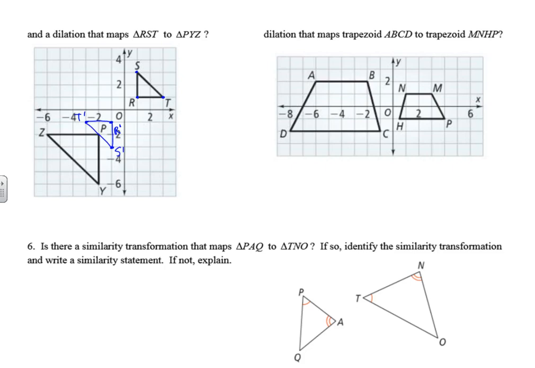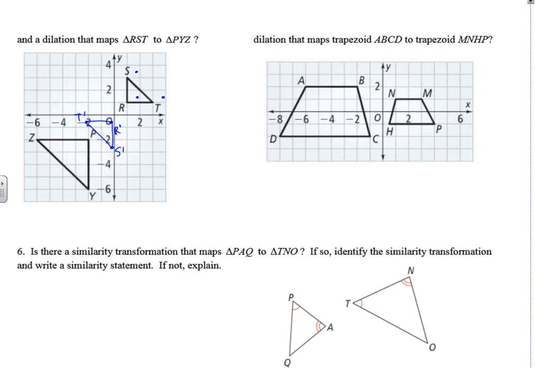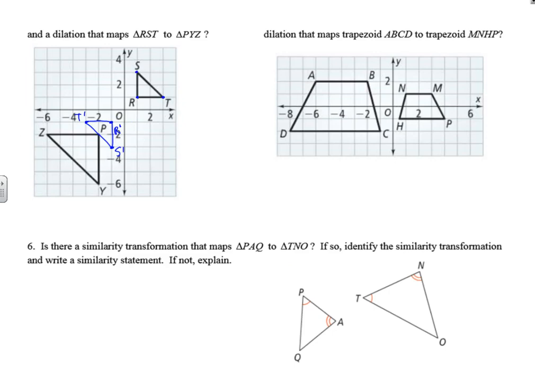Now from there, let me show you how to look at this. I'm going to use a kind of dashed line. A dilation centered at the origin here needs to go out and move these points along here.